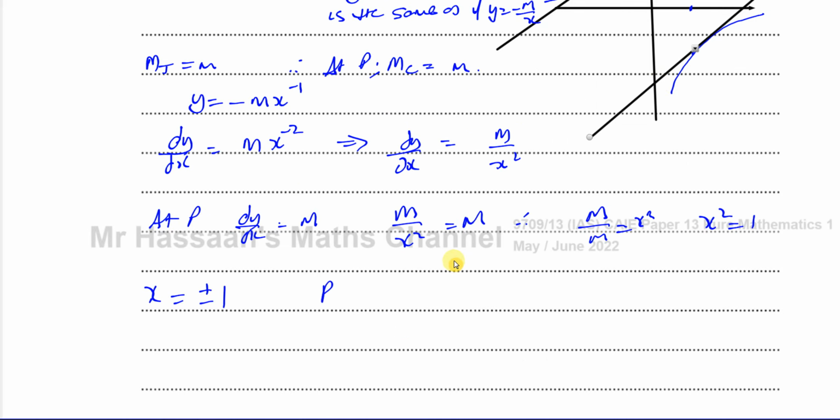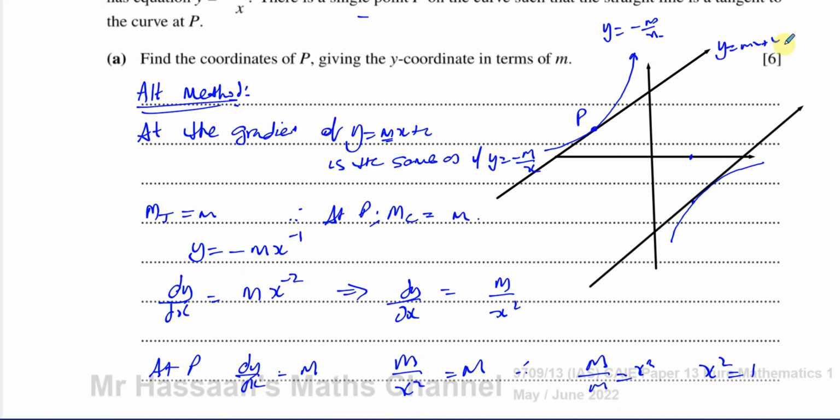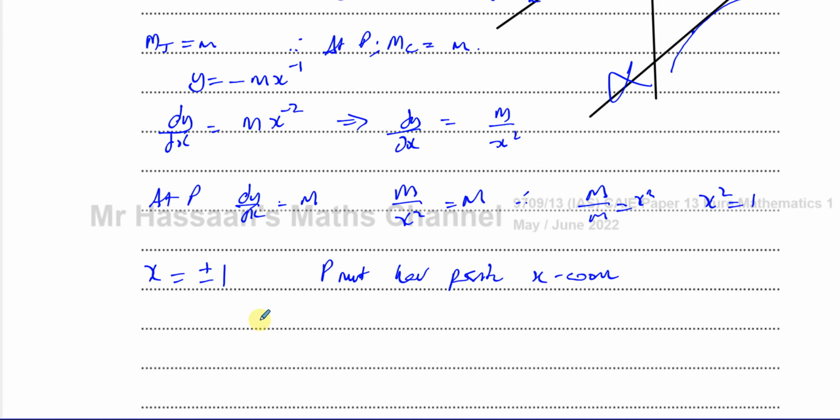So we know P must have a positive x coordinate for c to be a positive value. This is c, it has to be positive. All right, so x must be equal to minus 1. So therefore P must have a negative x coordinate.